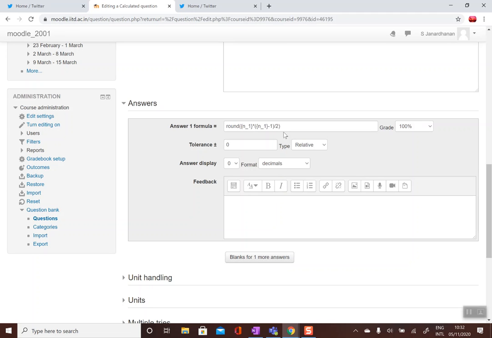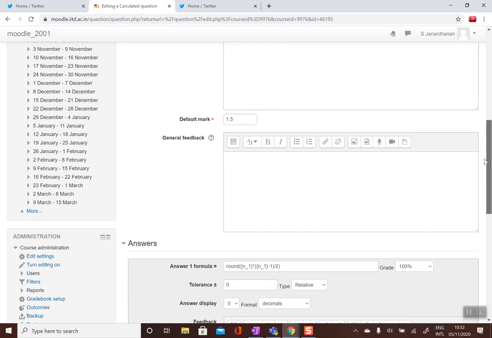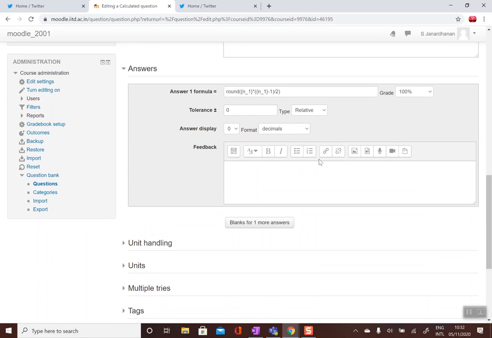And this answer is now calculated using a formula, and this can be a random number that varies between certain limits, and the answer will depend upon that random number. Okay, so this is as far as the calculated question is concerned.